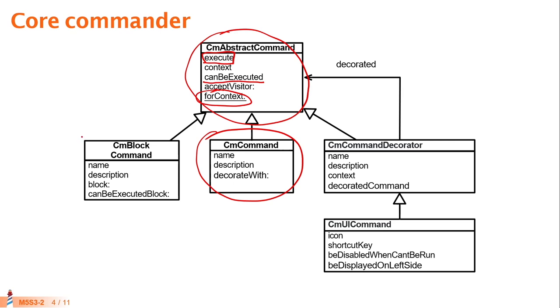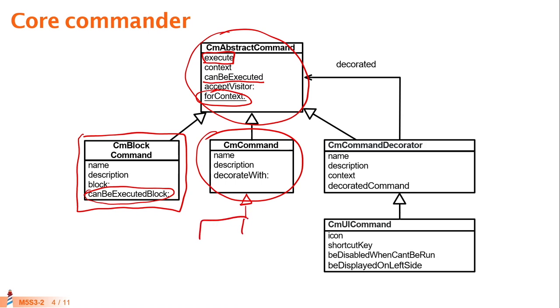Also, there is a useful helper class that allows us to create easy commands from blocks directly, passing two blocks: one block that is the block that will be executed when this command is executed, and another block that will be evaluated when we ask the operation if it can be executed in the given context.